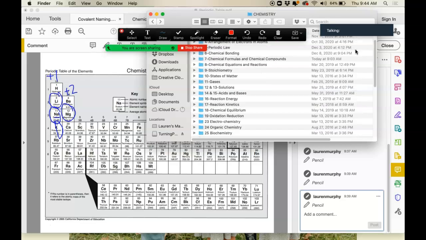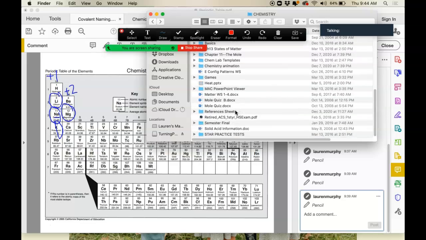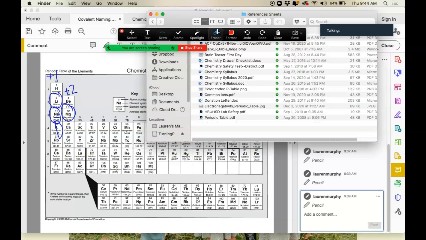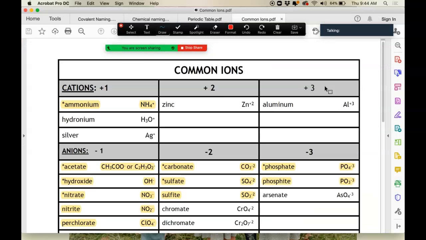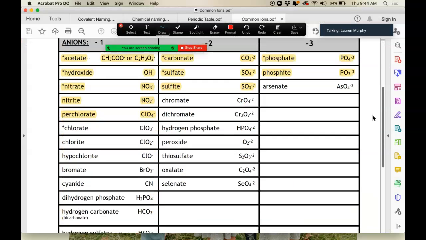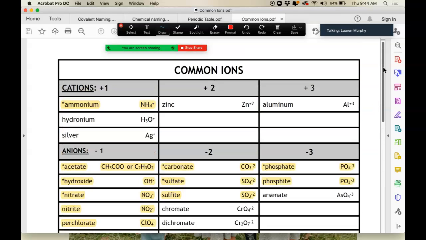You know what? It's in here. It looks like this, and all the ones you need to memorize are highlighted.